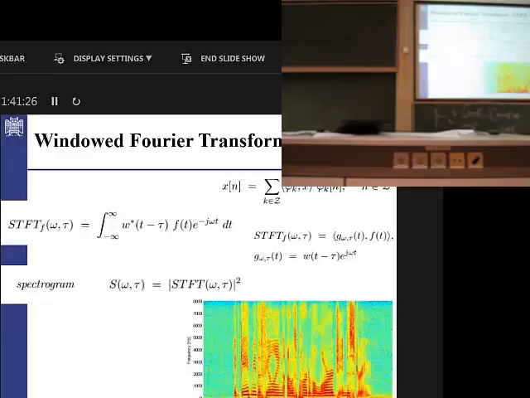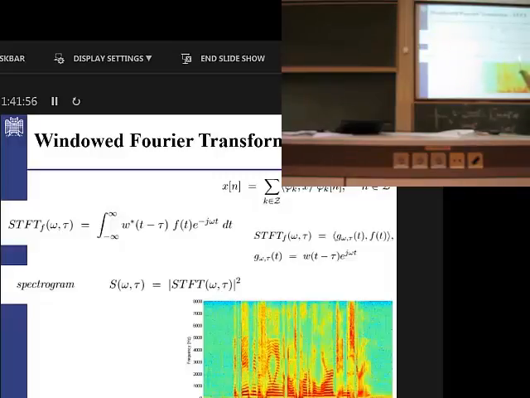I've intentionally written it like this. And this g is the kernel, the atom of the STFT: w e to the power of j omega t. And when you want to reconstruct, for the STFT it is just the conjugate. For real signals, you can ignore the conjugate. But I wrote it like this because it also has another view.